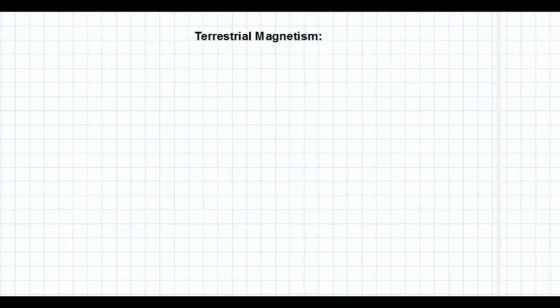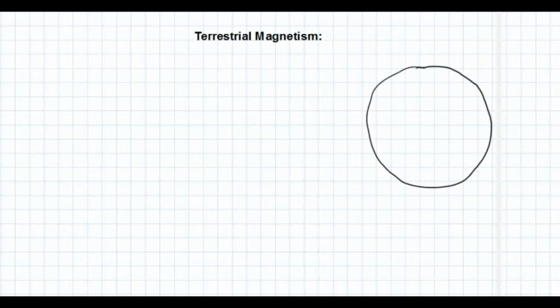There are some technical terms connected with terrestrial magnetism, or Earth's magnetism. So we will look into the different technical terms that we normally use in connection with Earth's magnetism.